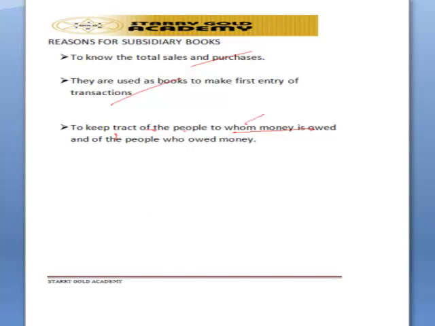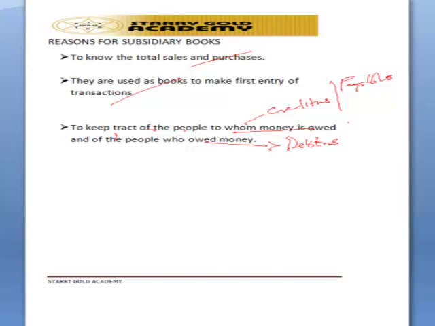That is, we want to see the creditors, or what we call our payables. We want to know our payables. Then, to know who owes money.